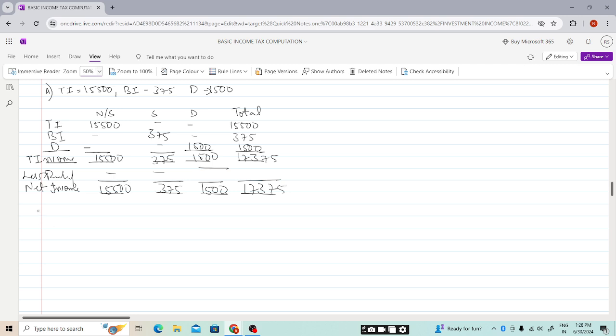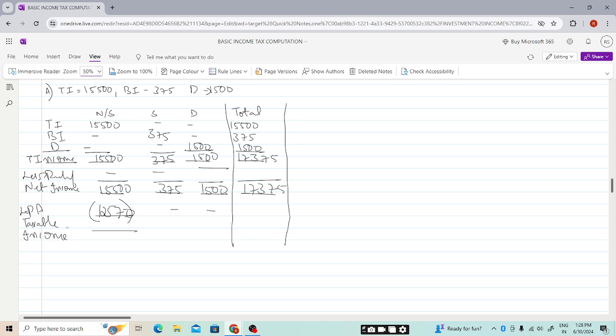Now we need to reduce the personal allowance. Personal allowance will not get tapered because our total income does not exceed 100,000 pounds. So personal allowance will be reduced in which order? In the non-saving, saving and dividend order. So this will give rise to our taxable income.